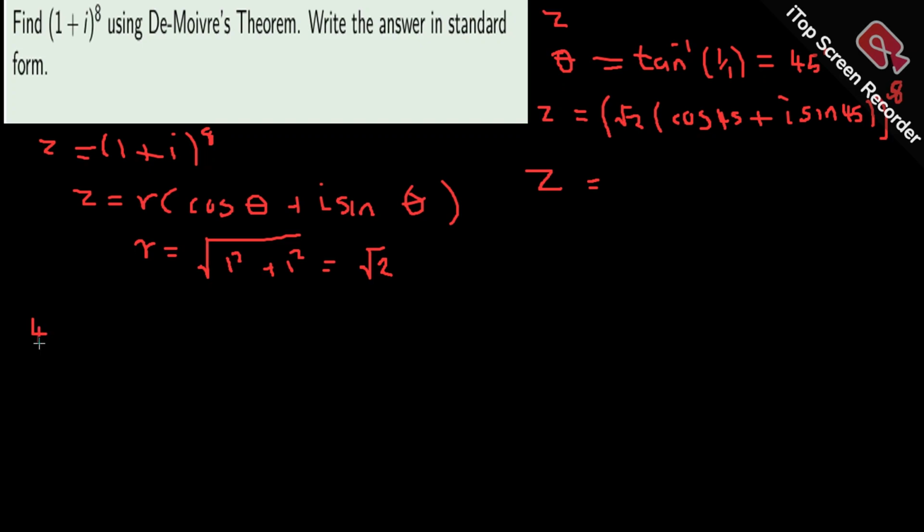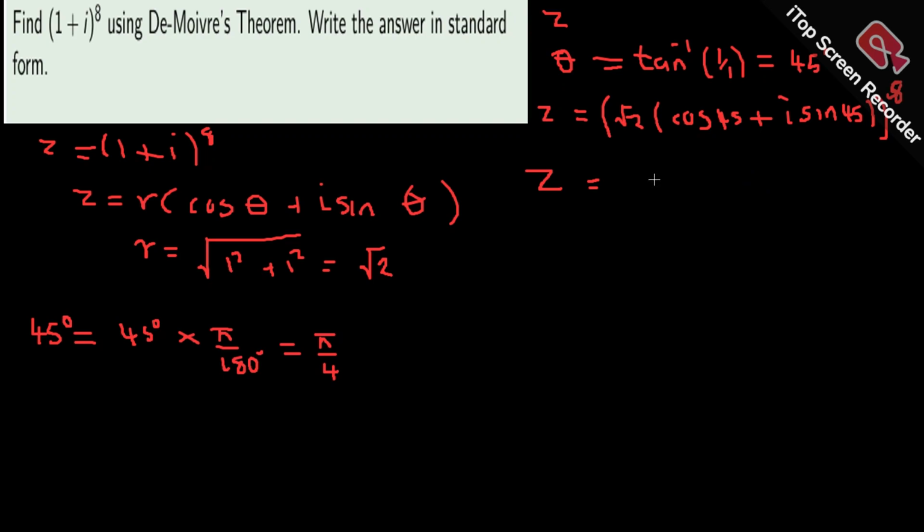That's very simple as well. 45 degrees is equal to 45 degrees multiplied by pi over 180, so that the degrees cancel. Then we'll end up having pi over 4.